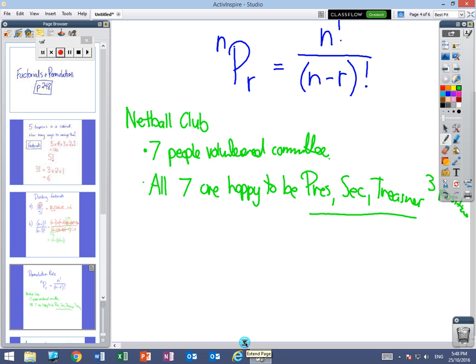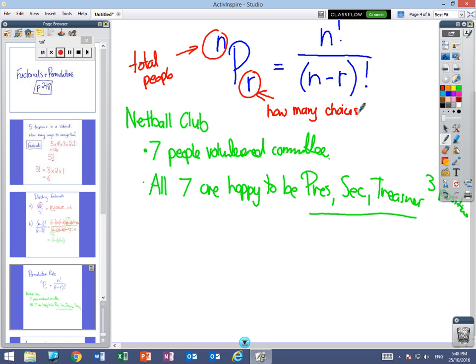Now, I'm going to rewrite this using the correct notation using the rule. The way it would be is n, the total people, I'll say people, it might not be people, and r, how many choices.